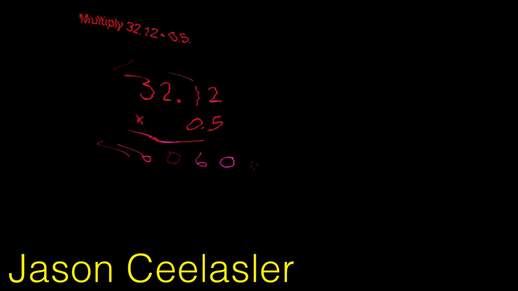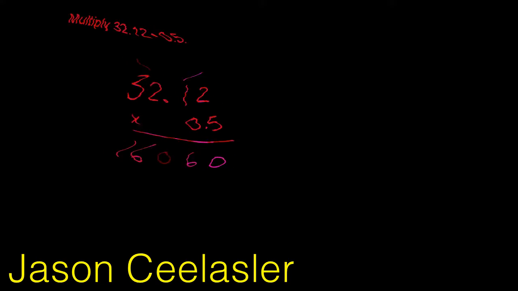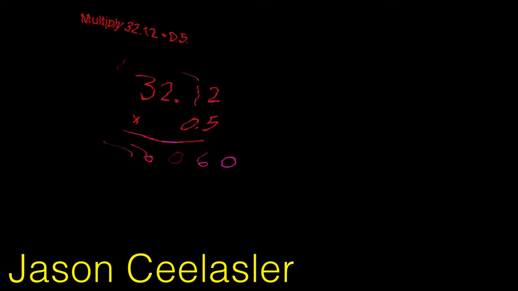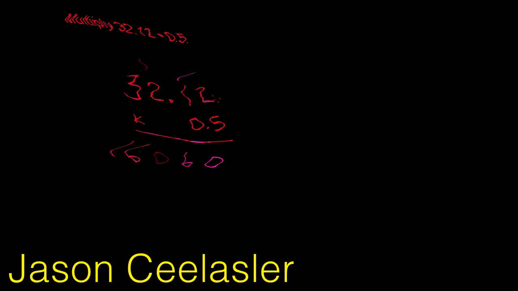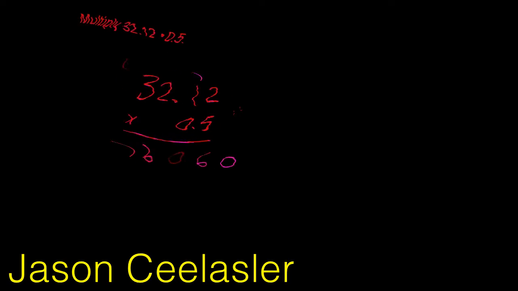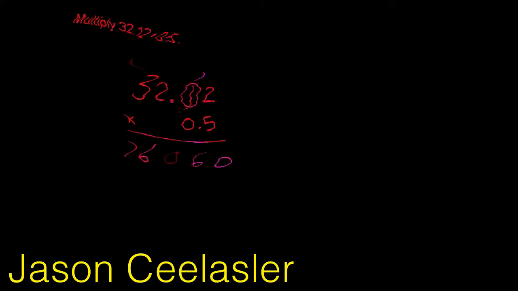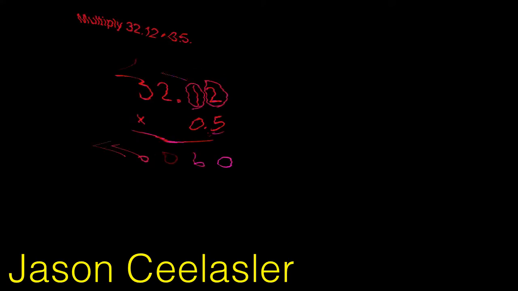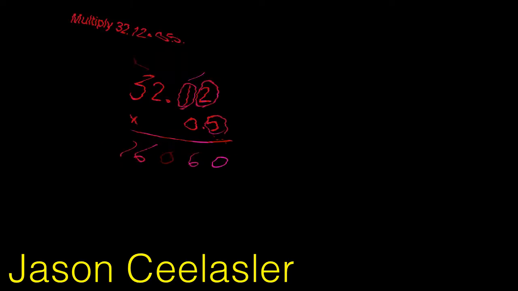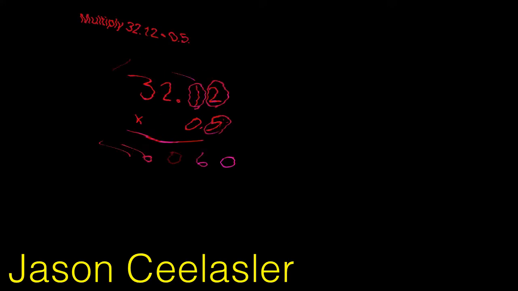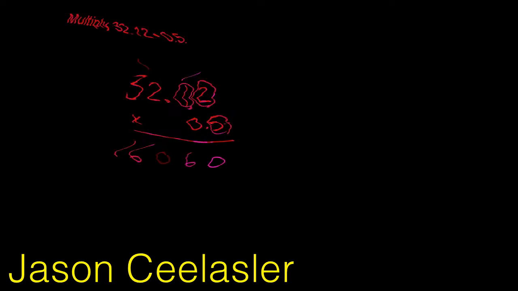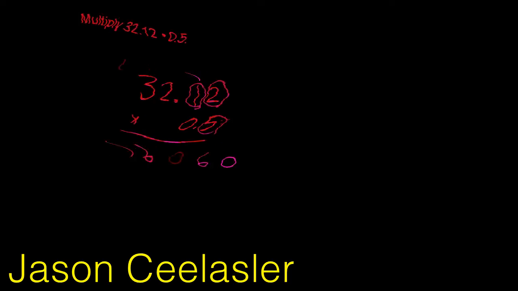But now we want to care about the decimals. We just have to count the total number of spaces or places we have behind the decimal points in the two numbers we're multiplying. So we have 1, 2, 3 spaces, or 3 numbers to the right of the decimals in the two numbers that we're multiplying. So we need that many numbers to the right of the decimal in our answer.